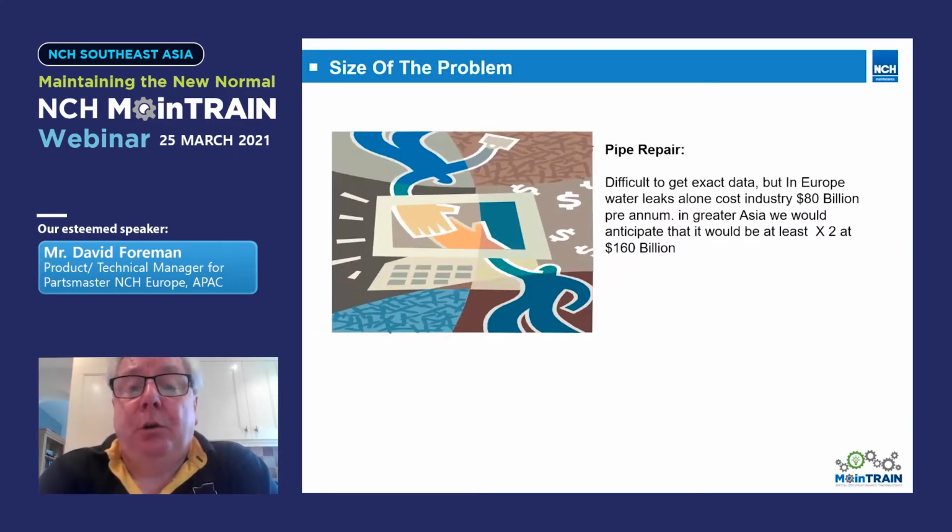The size of the problem. It's difficult to get exact data, but in Europe, water leaks alone cost industry around 80 billion per annum. In Greater Asia, we would anticipate that it would be at least twice that, so about 160 billion. So it's a huge problem.